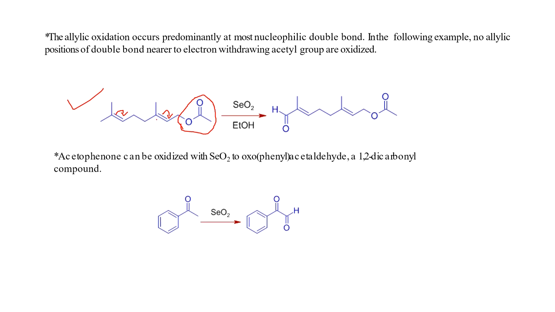So this end is less nucleophilic because of the presence of this electron withdrawing group than this end, and hence the allylic oxidation will not take place at this end because of the presence of the electron withdrawing group. The allylic oxidation usually takes place at this end, and hence you can see this product is formed.